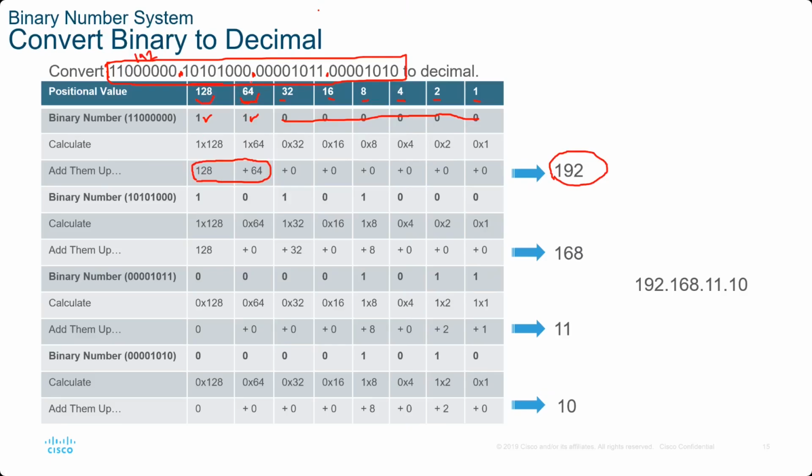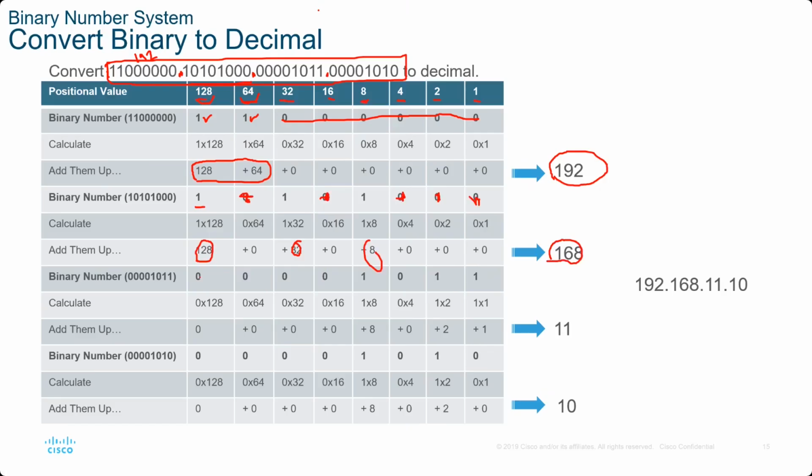For the second octet, again, you just put the values. You have zeros, so just forget about the zeros. Don't even think about the zeros. And wherever you have 1, look at the value: 128, 32 plus 8. So you're just adding 128 plus 32 plus 8, which amounts to 168.